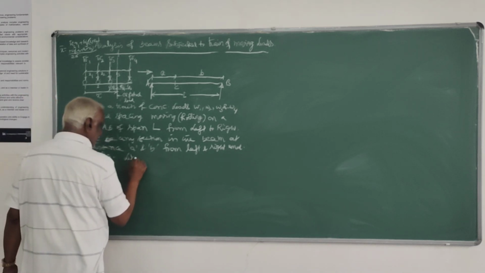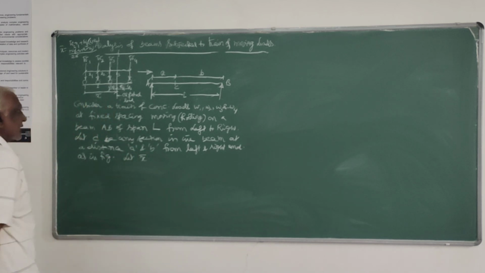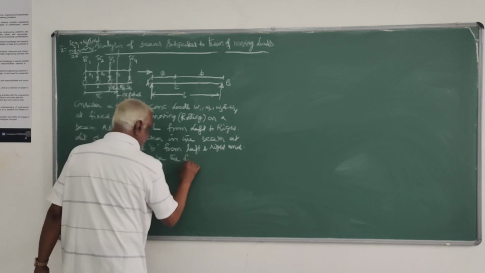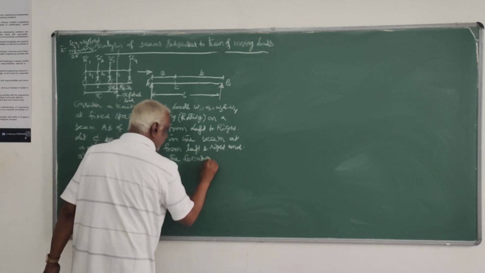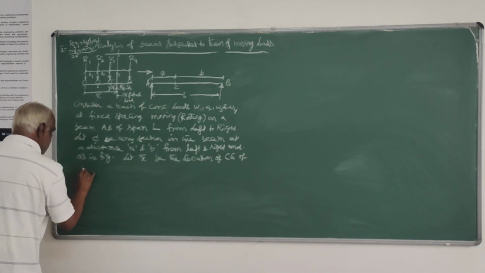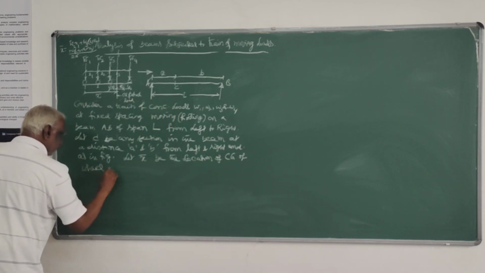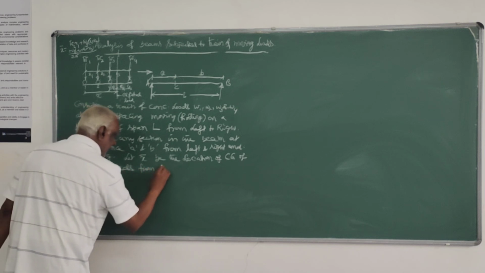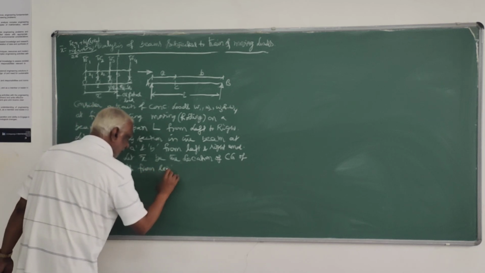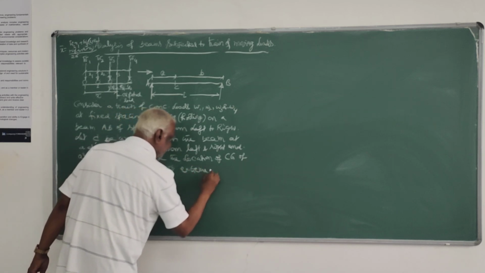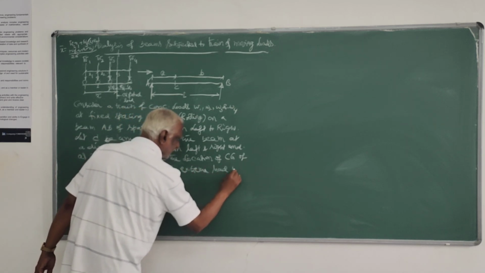Let x bar be the location of CG of wheel loads from left extreme load W1.